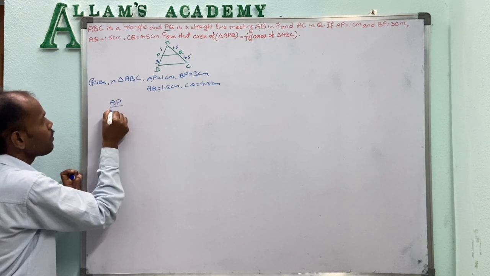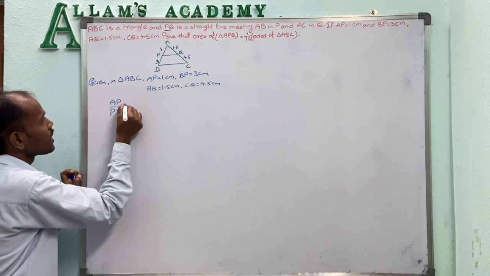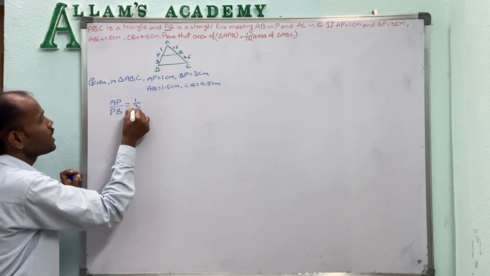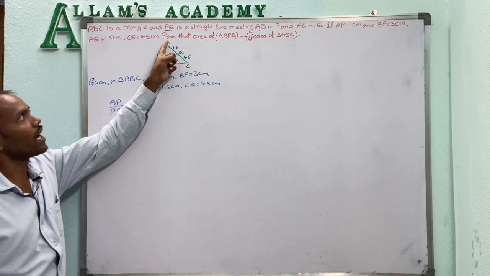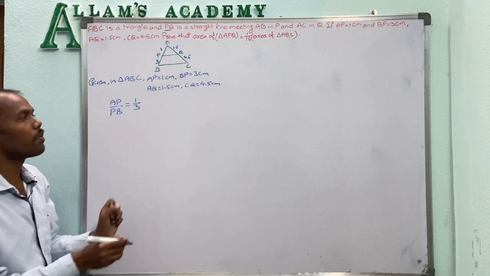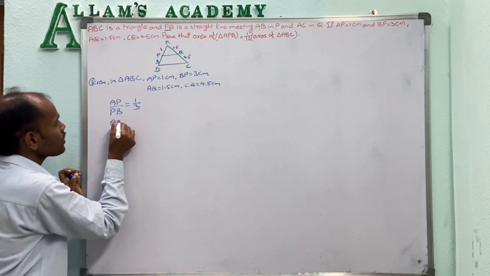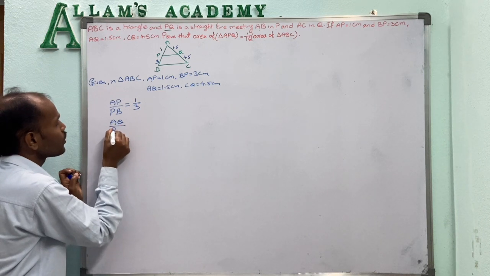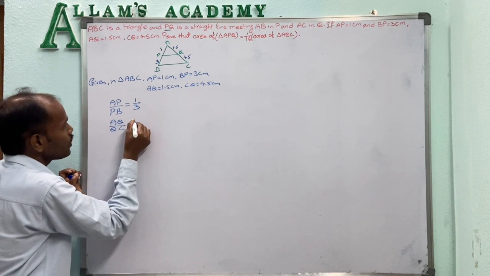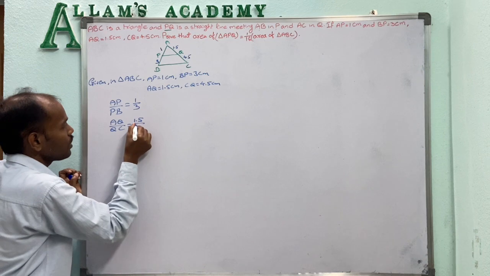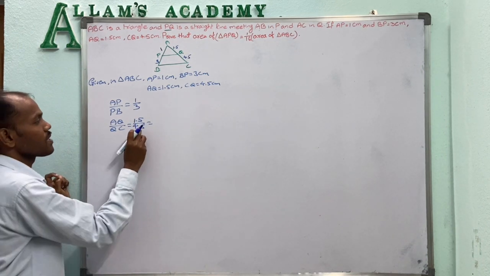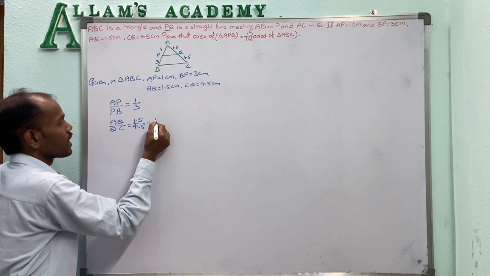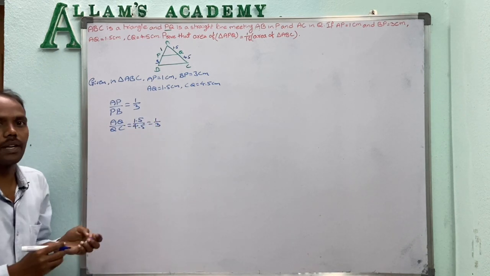Now if we find the ratio of AP by PB, that is nothing but 1 by 3. Its ratio is 1 by 3. If we find the ratio of AQ by QC, that equal to 1.5 by 4.5. 1.5 by 4.5 is also nothing but 1 by 3.